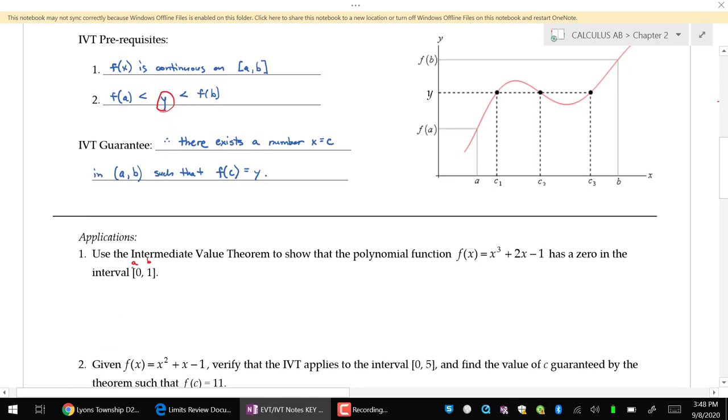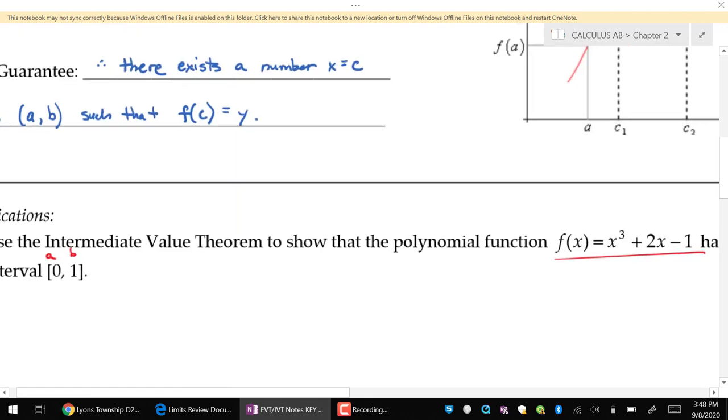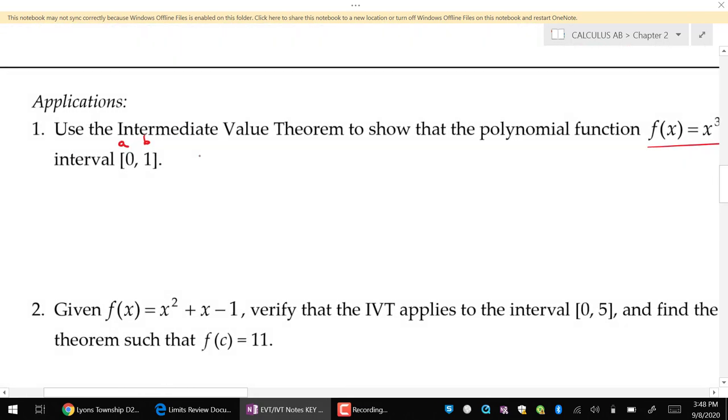So here's an application. It says to use IVT to show that the polynomial function here, f of x, has a 0 on the interval 0 to 1. Well, let's begin by making sure that the prerequisites have been met. So I'm going to begin by writing number 1. F is continuous.